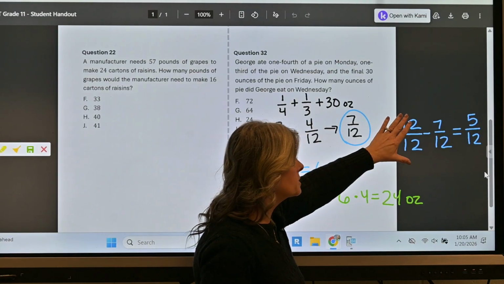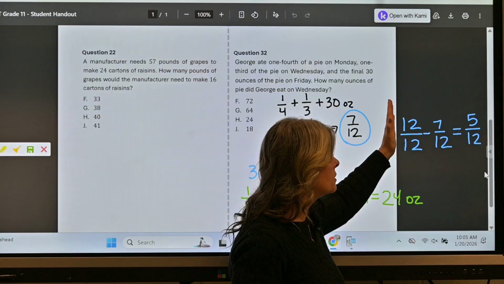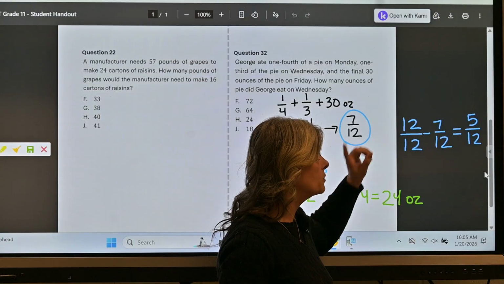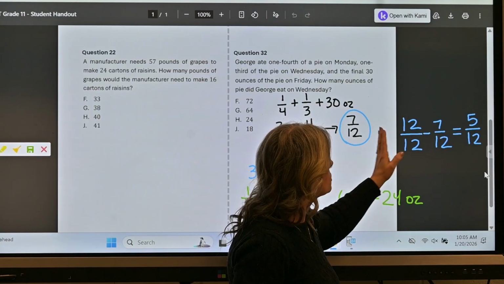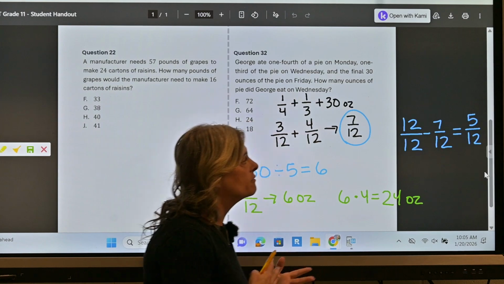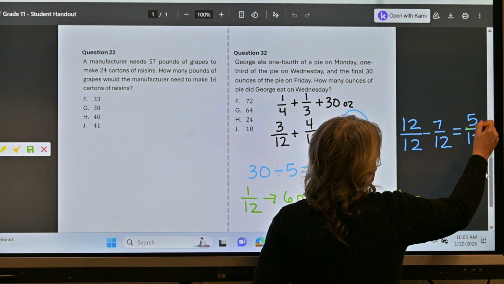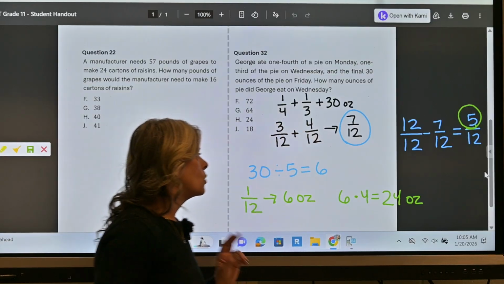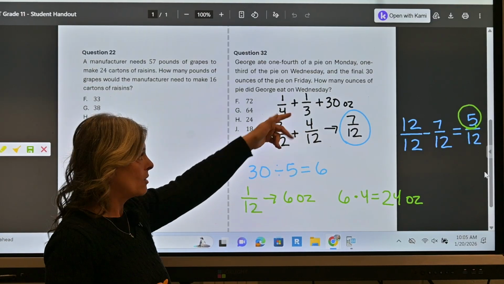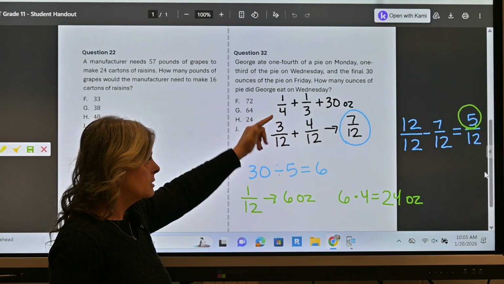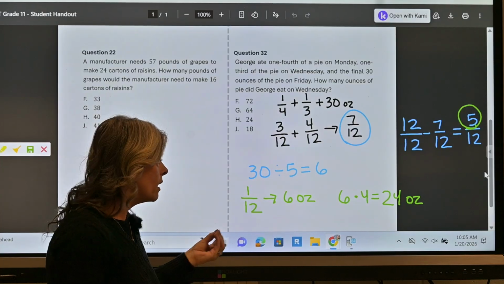My next step was to subtract the 7/12 from a whole. 12 over 12 is a whole pie. So we subtract the 7/12 and we get 5/12. So then this 5 is what I take and divide by my ounces that are left over to get what each 1/12 equals.